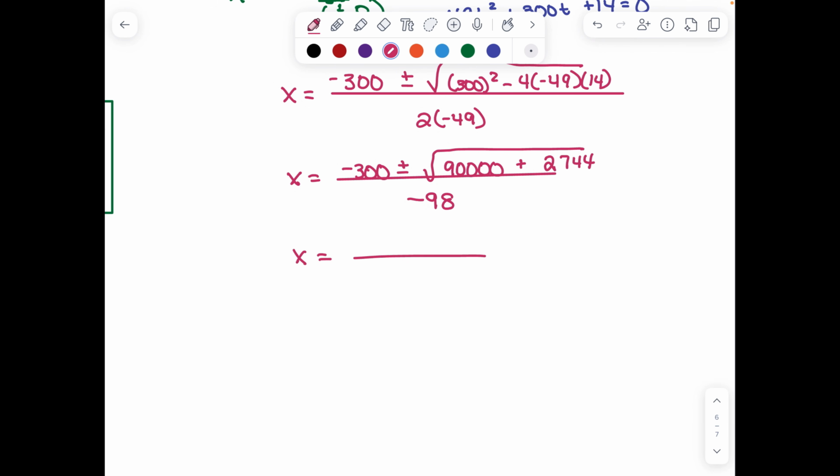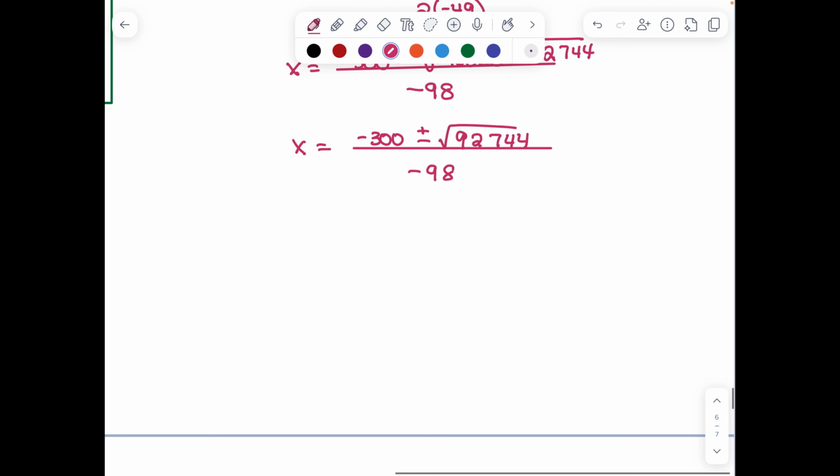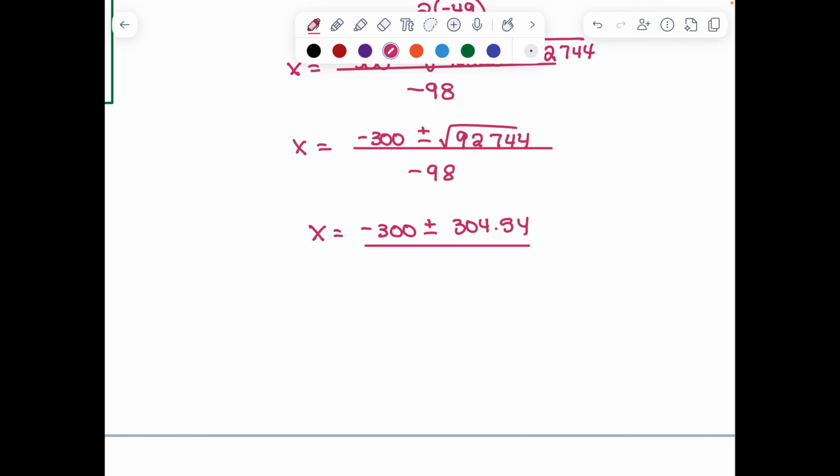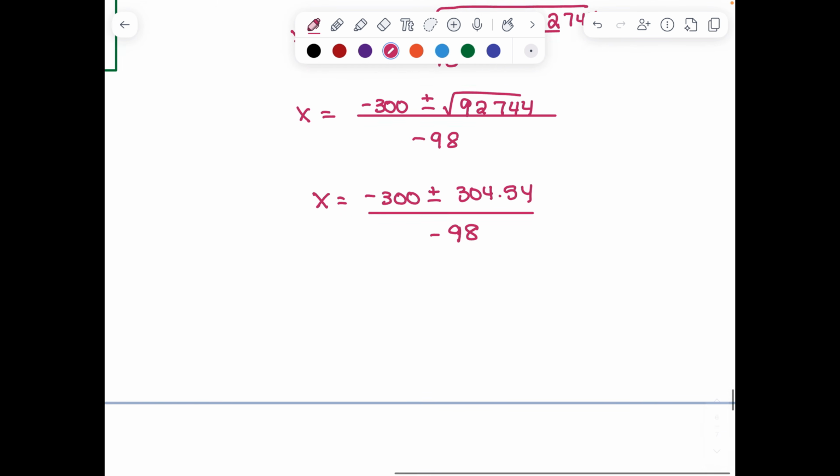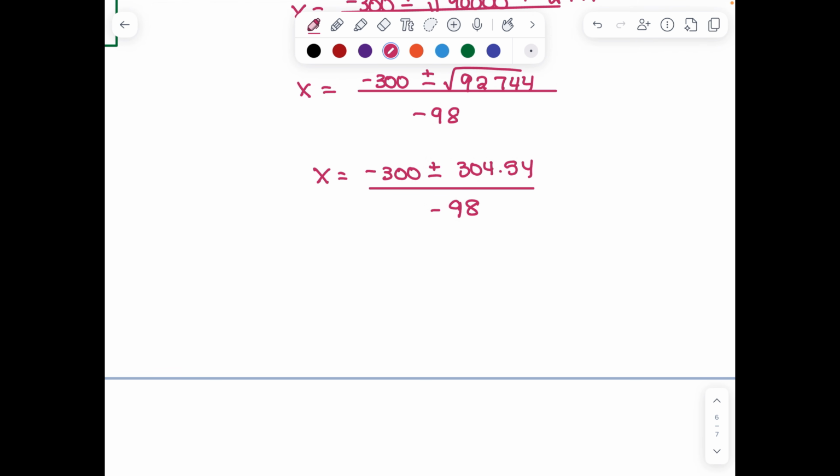We get x equals negative 300 plus or minus the square root of 92,744 all over negative 98. So we take that square root, and it gives us approximately 304.54 all over negative 98.